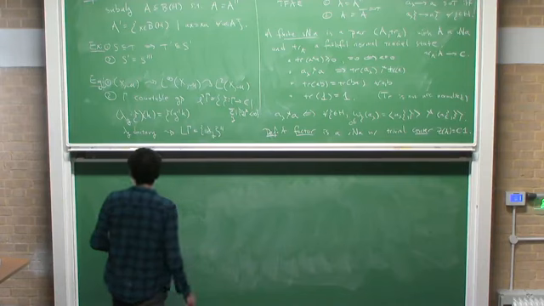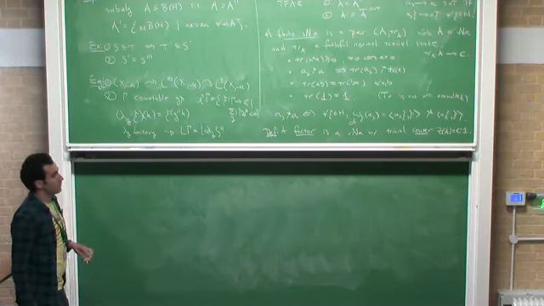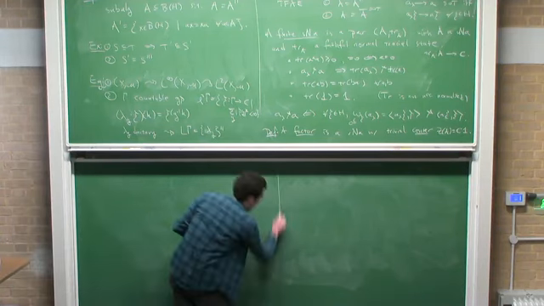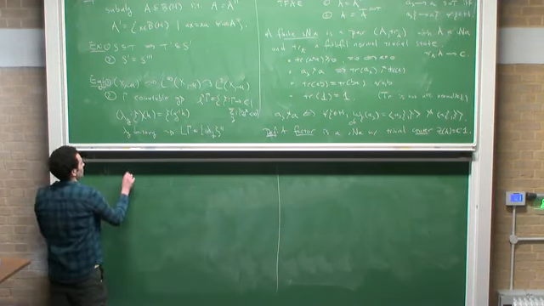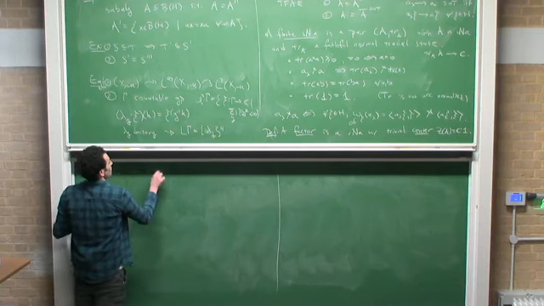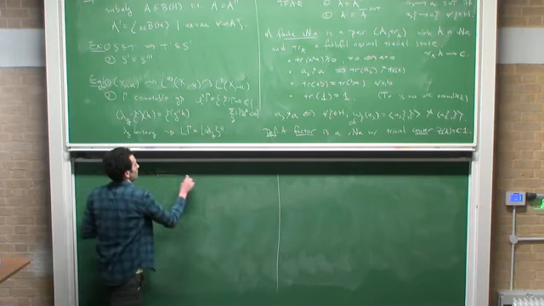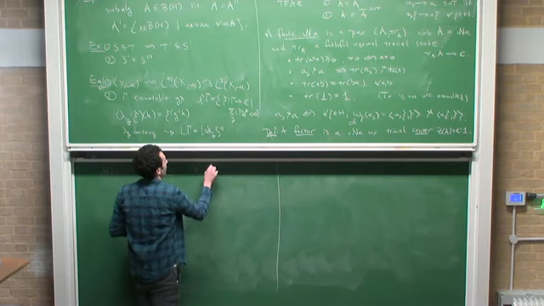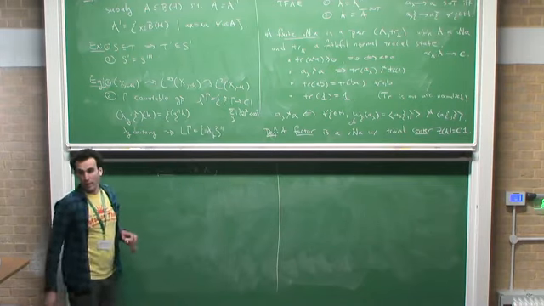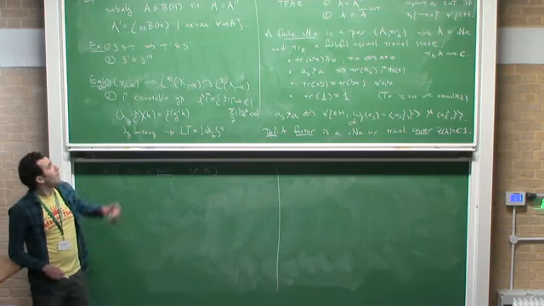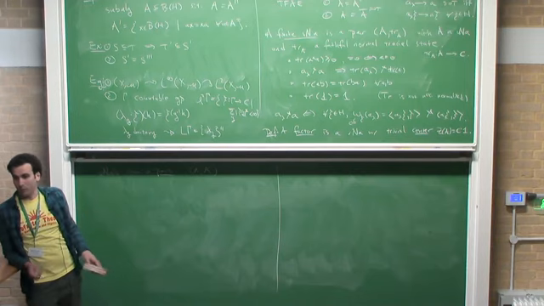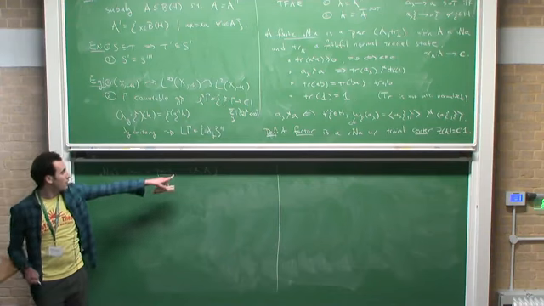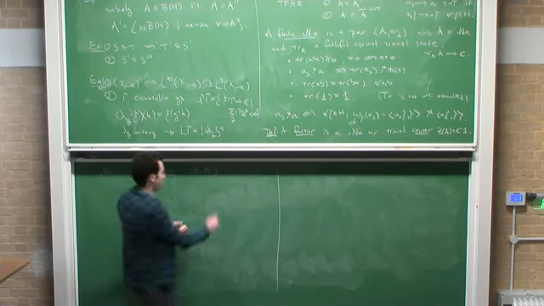Now, it's important to note that von Neumann algebras come in pairs. You have A and you have A prime. A prime is also a von Neumann algebra, by property 2 above and the fact that if A is star closed, then A prime is also a star subalgebra that's weakly closed. The point is that they have a common center.